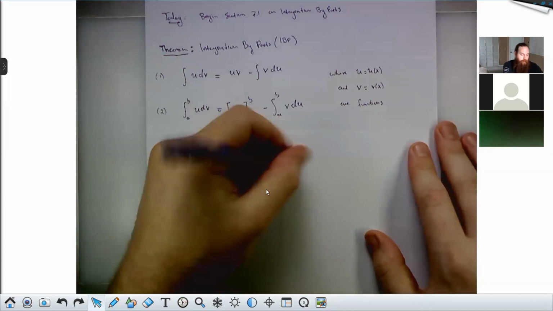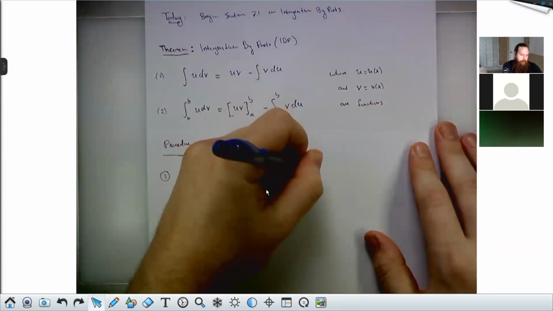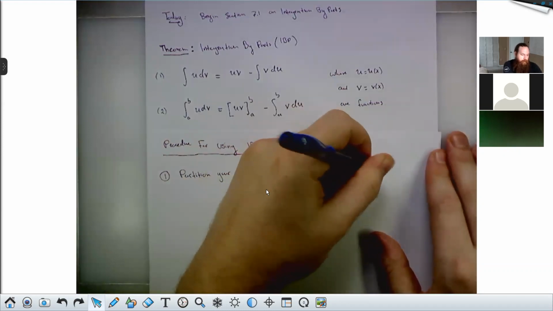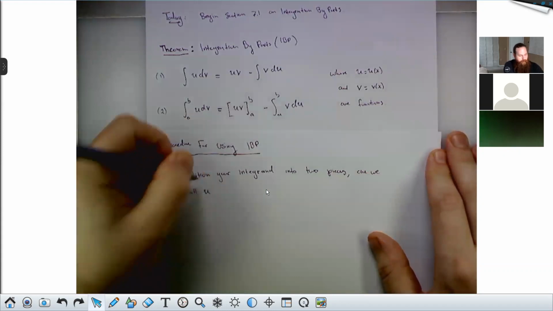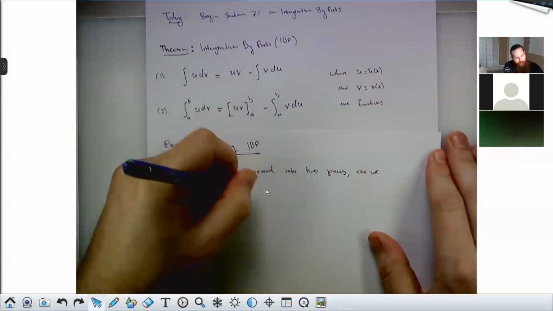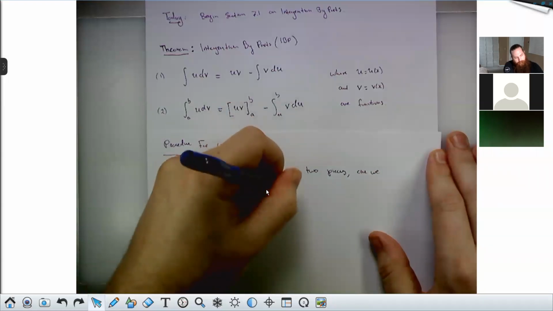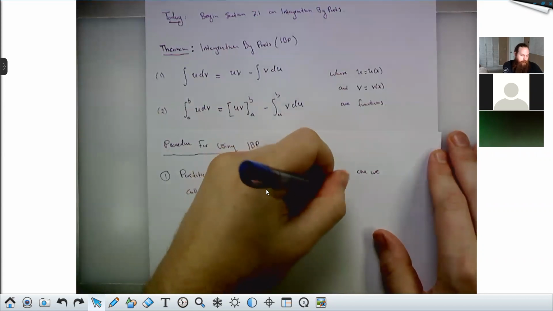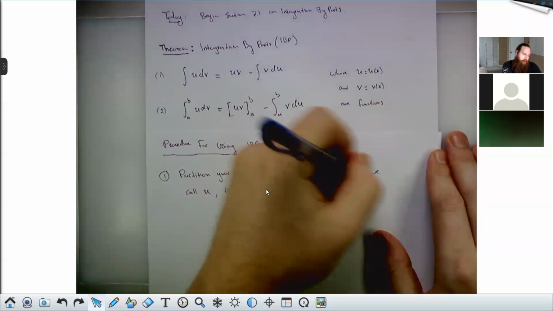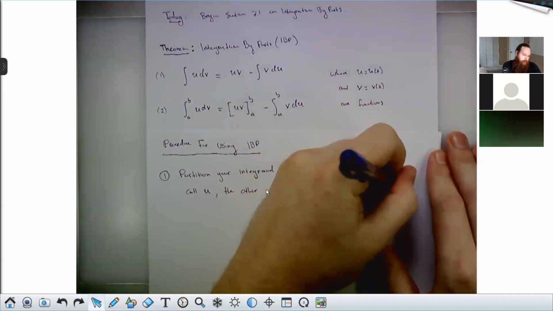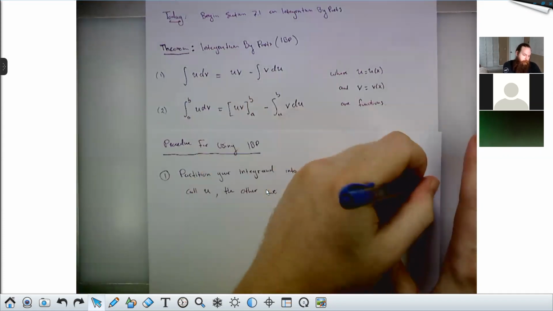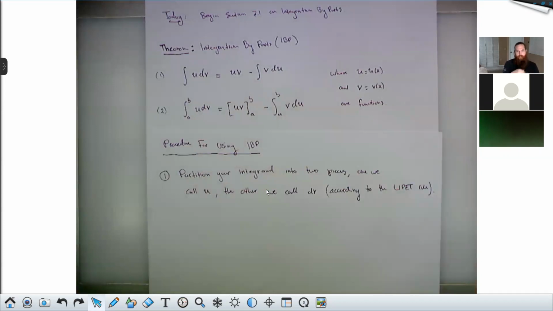You have to partition your integrand into two pieces. One we call u, the other we call dv. And I'll give you a rule for this. You'll do this according to the LIPET rule, at least most of the time. I'll explain what the LIPET rule is in just a second.